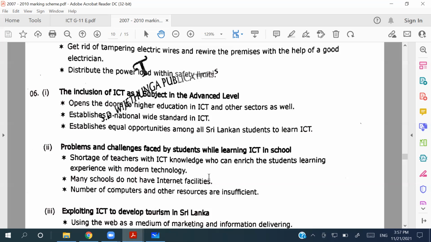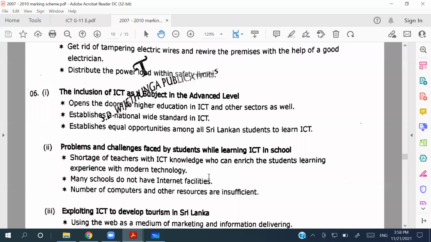So that is where these online situations arise, right? Yeah, those kinds of things can be taken for learning ICT in the advanced level, right?